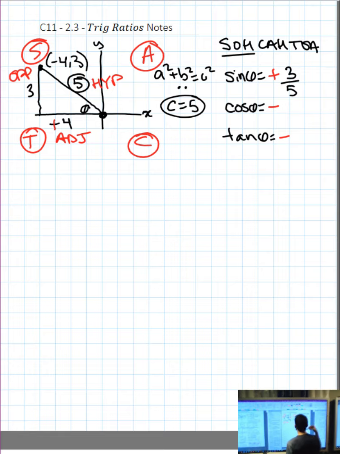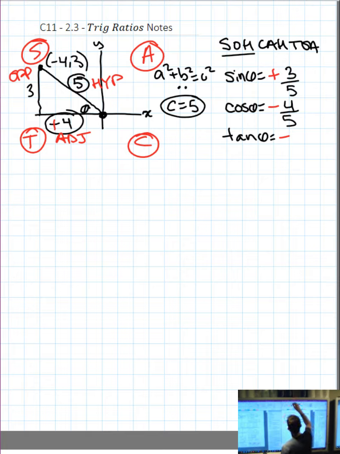Cosine theta, we already know it's negative. Now, I am going with positive 4 for the adjacent side. So for cos, I just say 4 over 5, adjacent over hypotenuse. But if you are going to call it a -4 length, then you have to call it -4 over 5 and completely disregard ASTC, but no overlapping the rules.